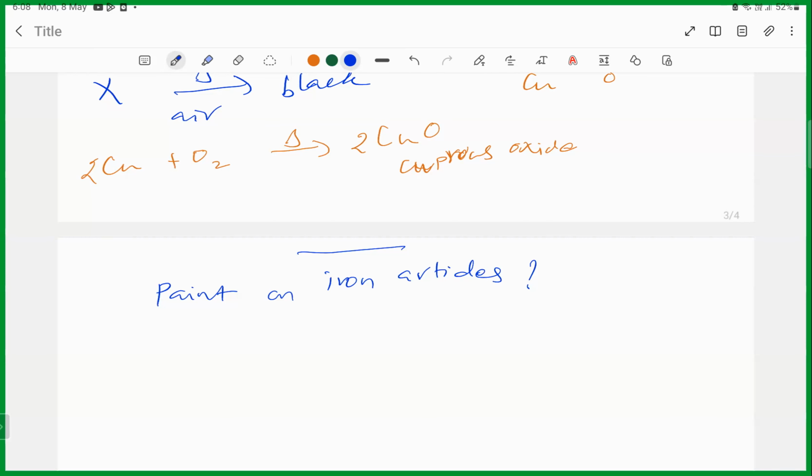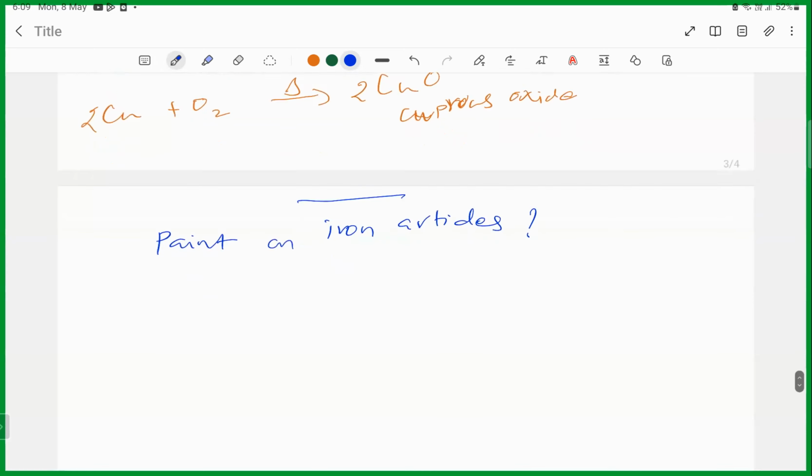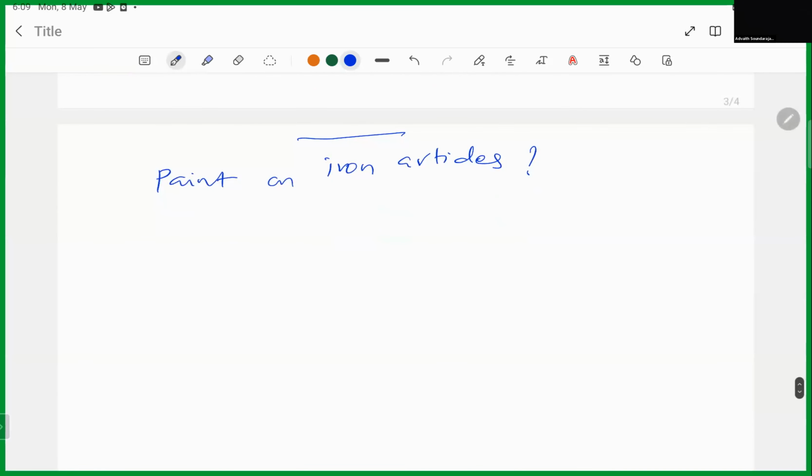Oil and fat containing food items are flushed with nitrogen. Why? To prevent oxidation. Very good.